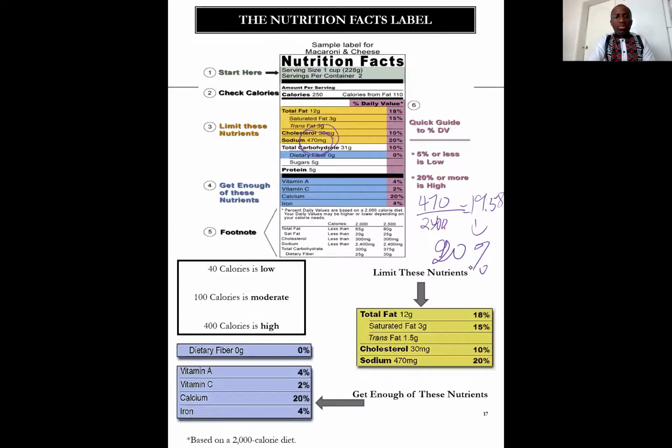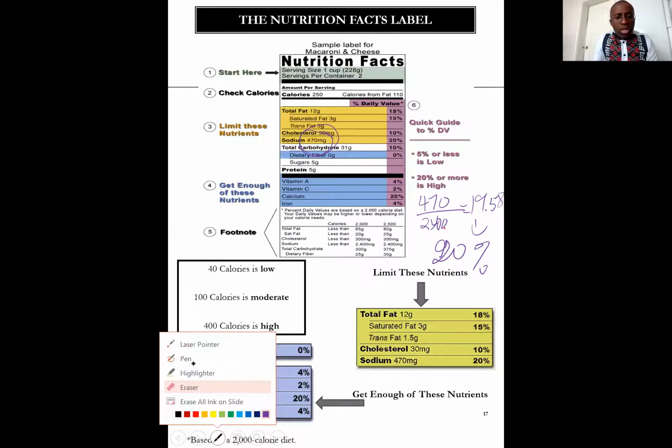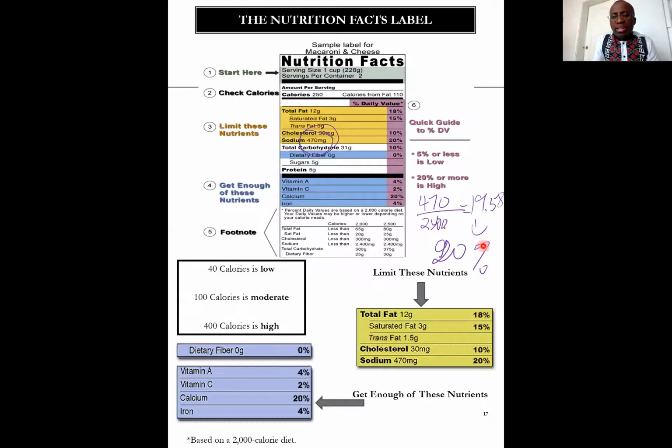All right. Now let's look at these other ones too. Very important information. The next question is 20%, 18%, 15%. Is it okay or not okay? All right. So we say that if it's less than 5%, this is too low.